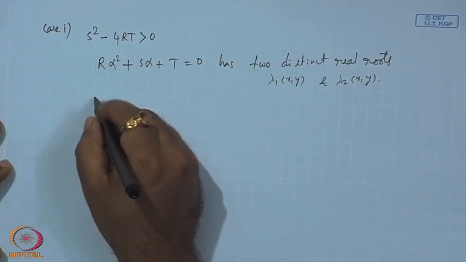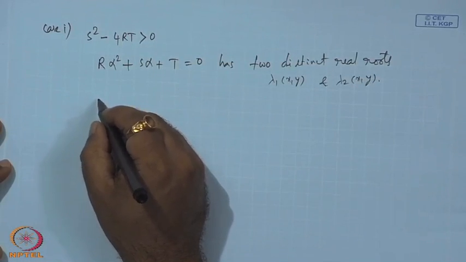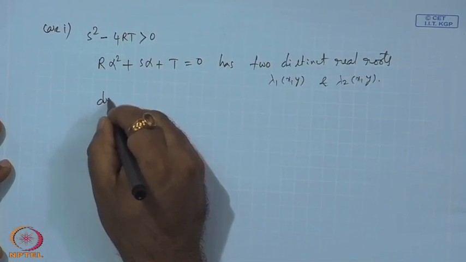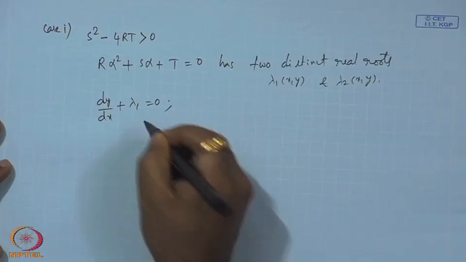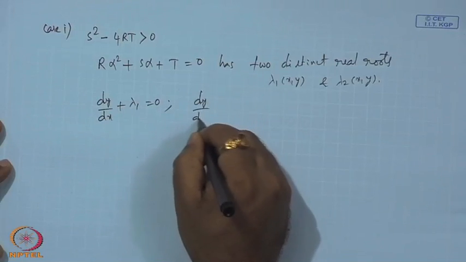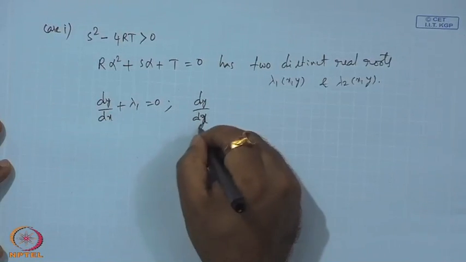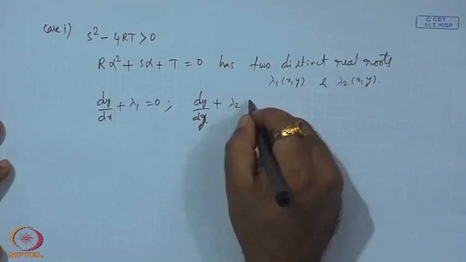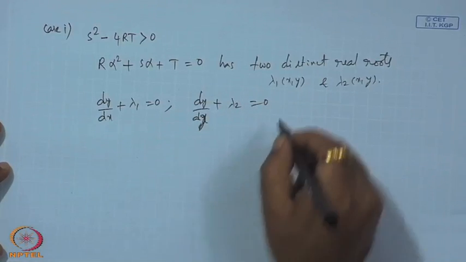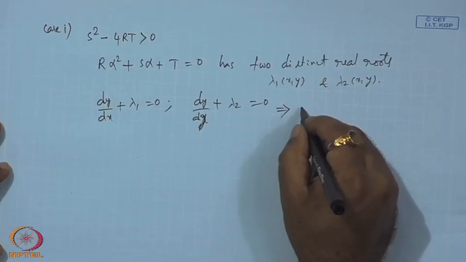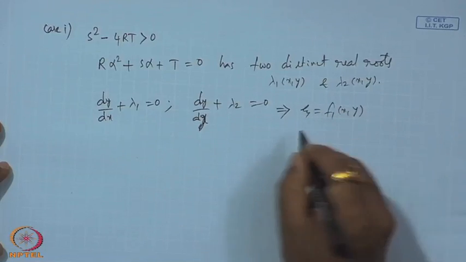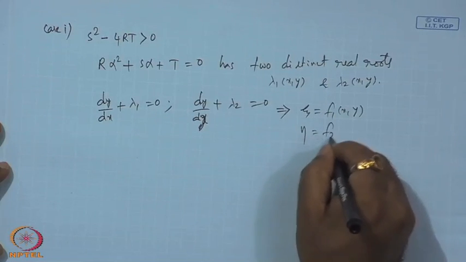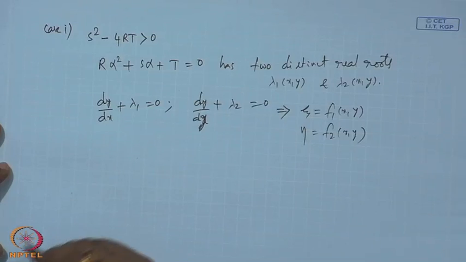Therefore, we get dy by dx plus lambda 1 equals 0 and dy by dx plus lambda 2 equals 0, and on solving we get zeta equals f1 of xy, eta equals f2 of xy.